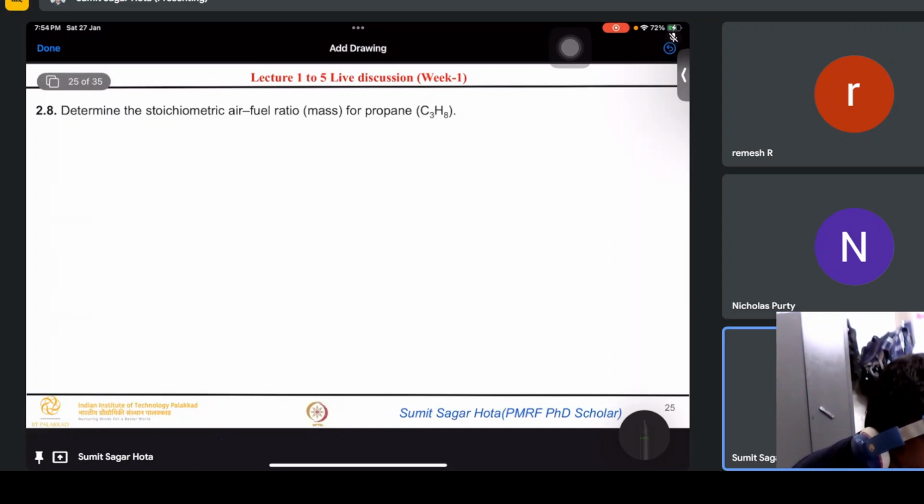We need the molecular weight, and we need A, which is x plus y by 4, divided by the equivalence ratio if nothing is given. Air-fuel ratio on a molar basis, multiplied by the molecular weight of air, divided by the molecular weight of the fuel.